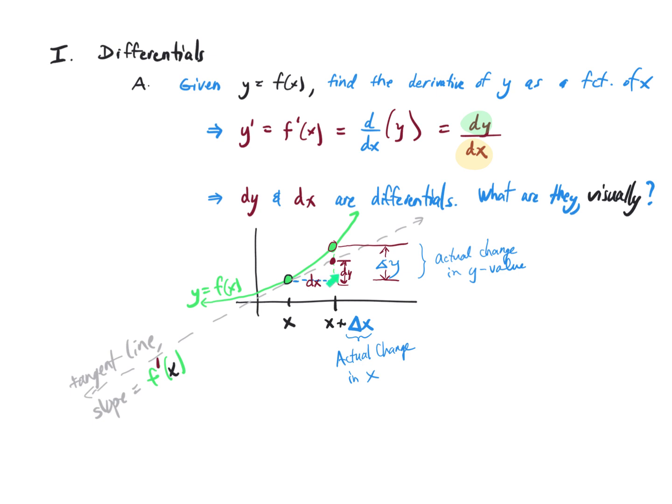So the change in y according to our linear prediction is the differential y, whereas the actual change in y is delta y.